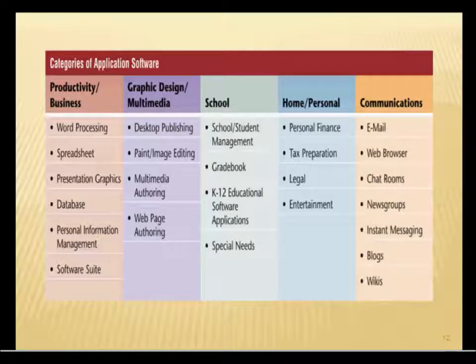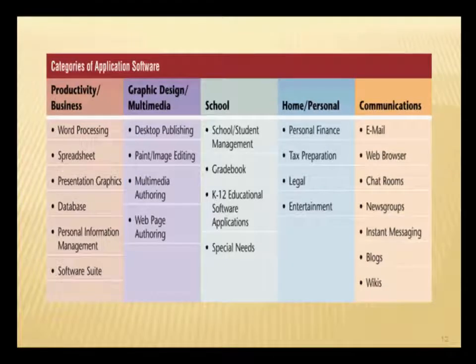One of the free ones out there is Open Office, and we'll talk about that in a second. So the next major category is your graphic design and application software, and that includes programs like desktop publishing, Paint, image editing, multimedia authoring, and web page authoring.